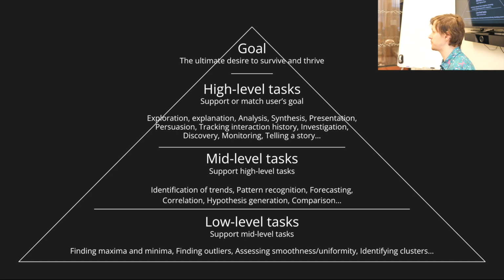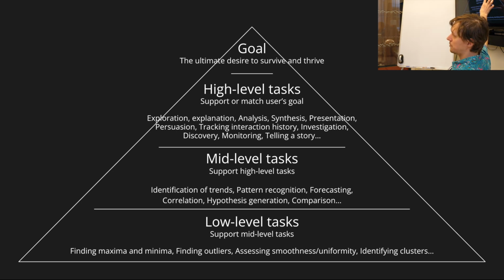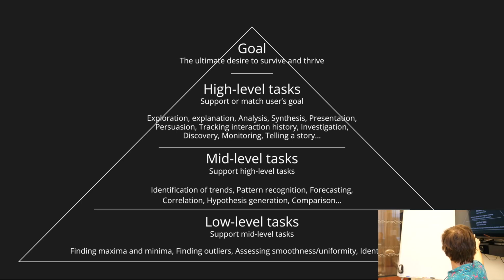That's how I survive and thrive at work. Then you assist that market analysis with mid-level tasks, identification of trends maybe, or pattern recognition or forecasting, whatever. Those are already getting into the information tools here, such as charts. And then there are low-level tasks, finding maximum and minimum, finding outliers, and so on and so on.